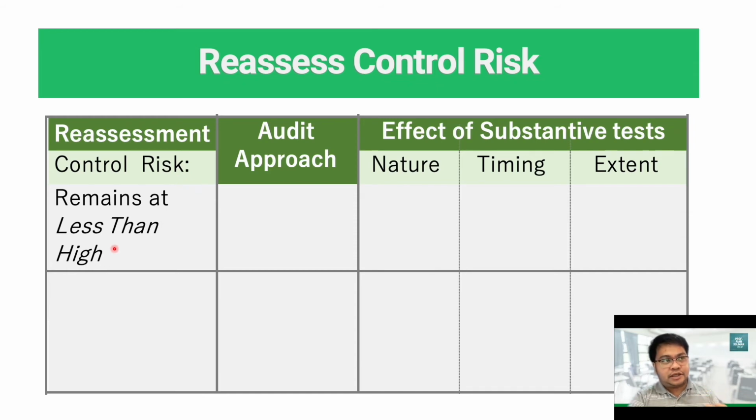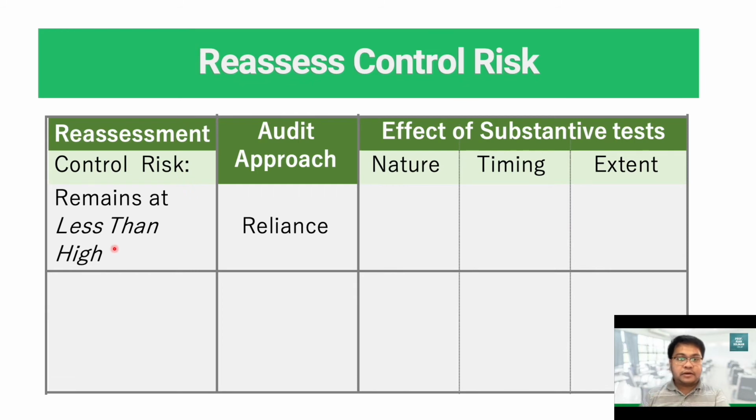There's a signature of credit approval or disapproval on all the sales orders that we tested, or the deviation rate is lower than our acceptable deviation rate. Let's say we set the deviation rate at 5% and we only found a 1% deviation rate. So we decide that the control of the client is effective, and we can continue to follow the reliance approach.